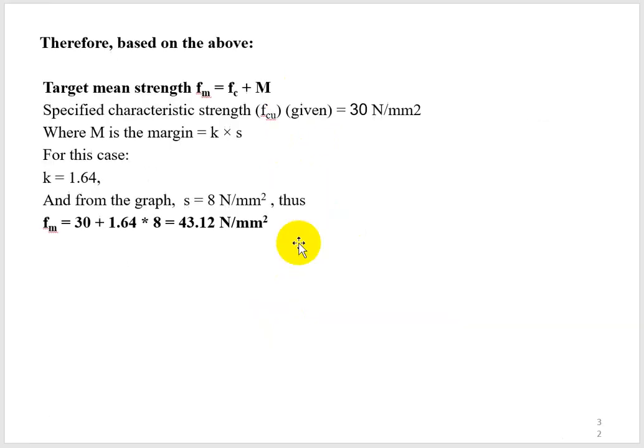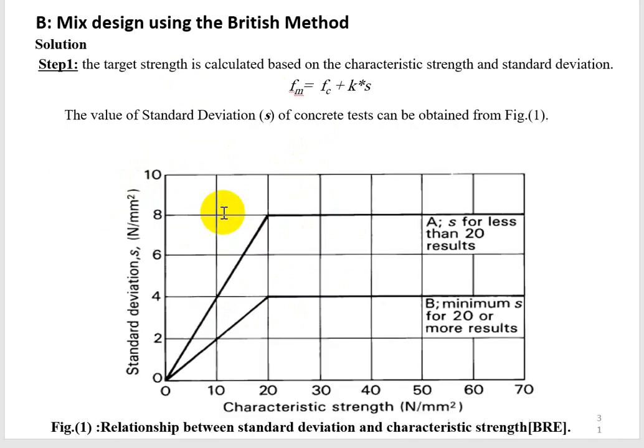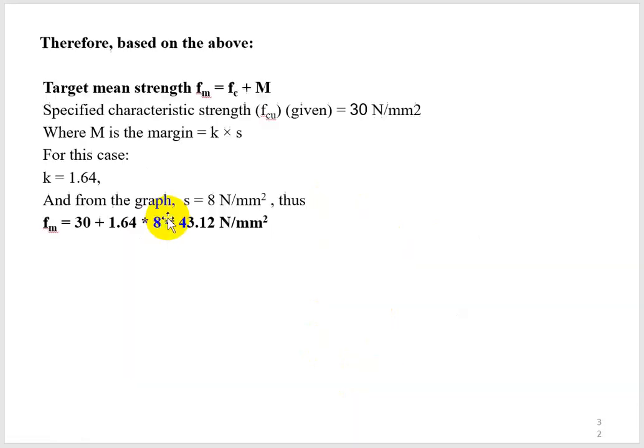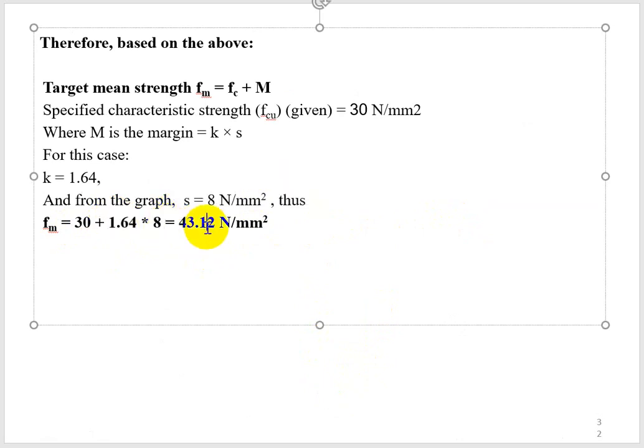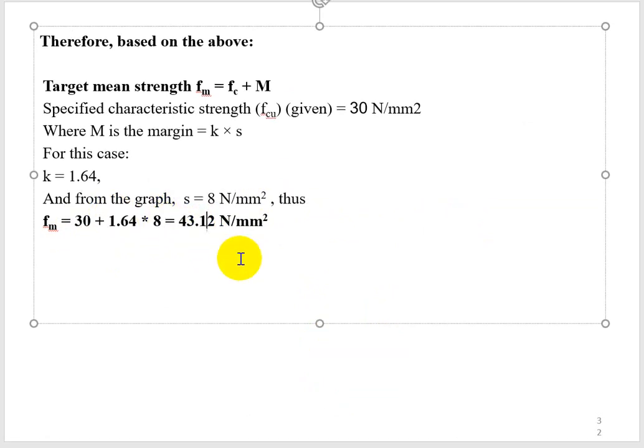We first find the target strength, and by applying the formulas, here we have the K is provided, the S says zone A, so we could just correspond the 30 megapascal against the right curve, and then we get the 8. So we have 8 megapascal, the standard deviation 1.64, the K multiplied by the 30 plus multiplying the M, so that will be the 43.